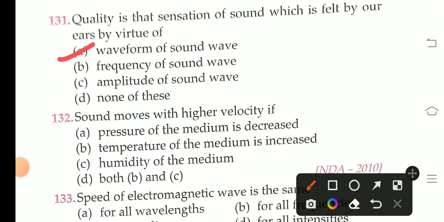Next, sound moves with higher velocity if. Option D, both B and C: temperature of the medium is increased and humidity of the medium is increased.